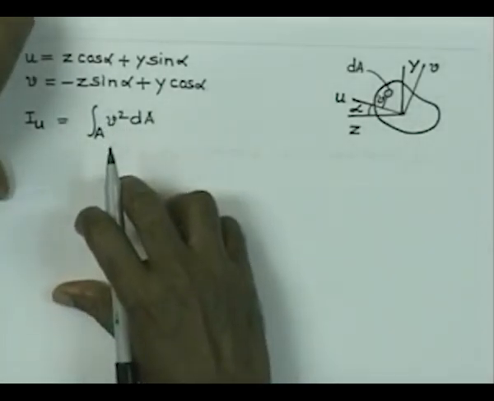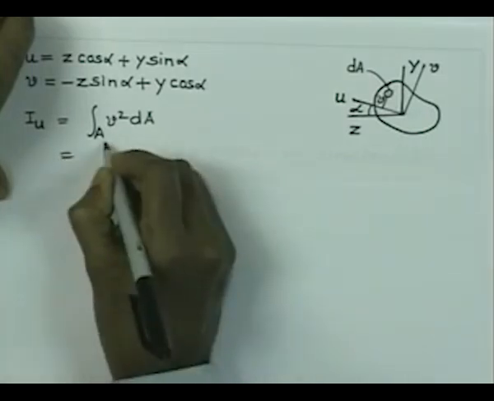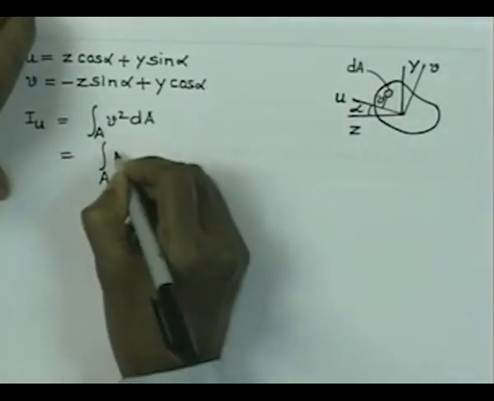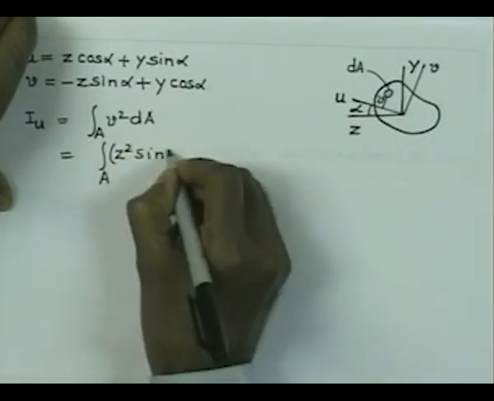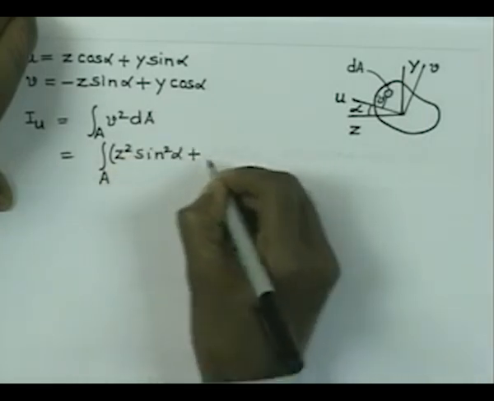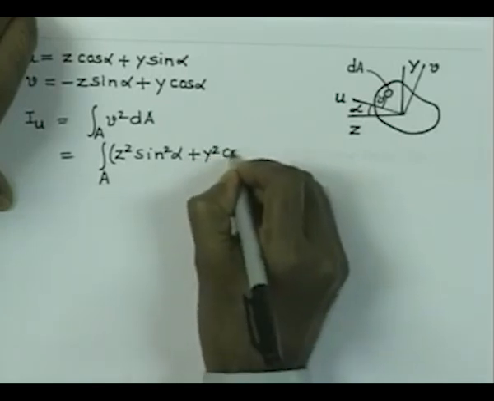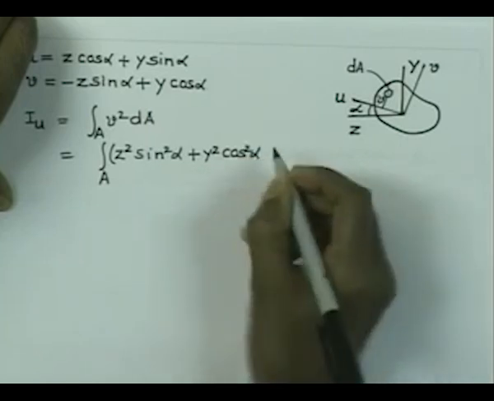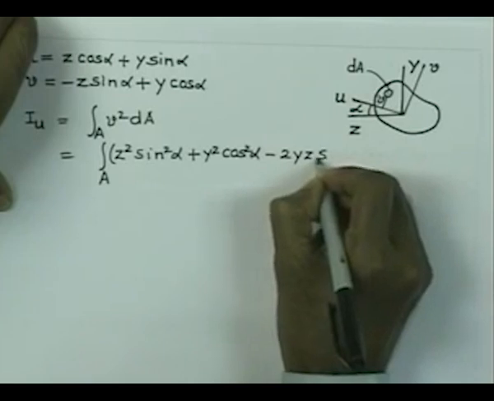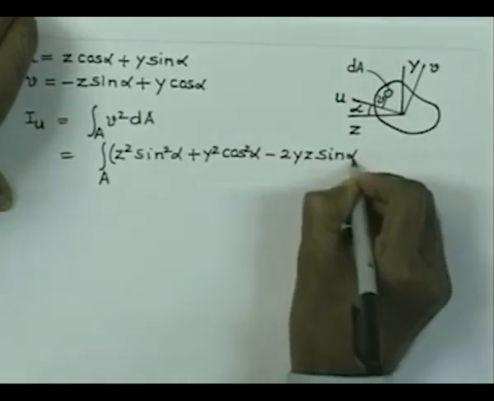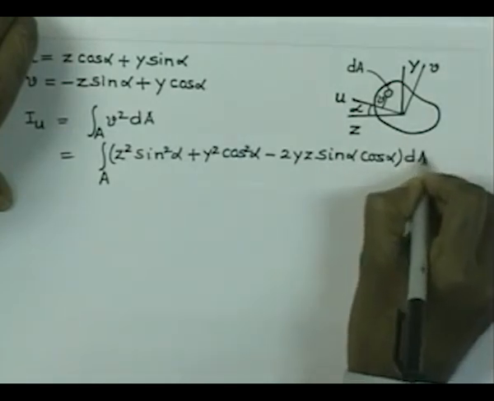If I now substitute the value of v that we have got here, then we have z square sin square alpha plus y square cos square alpha minus twice yz sin alpha cosine alpha, dA.